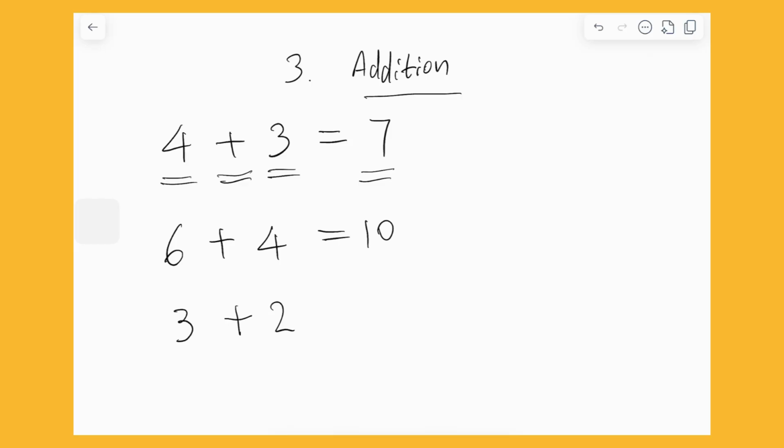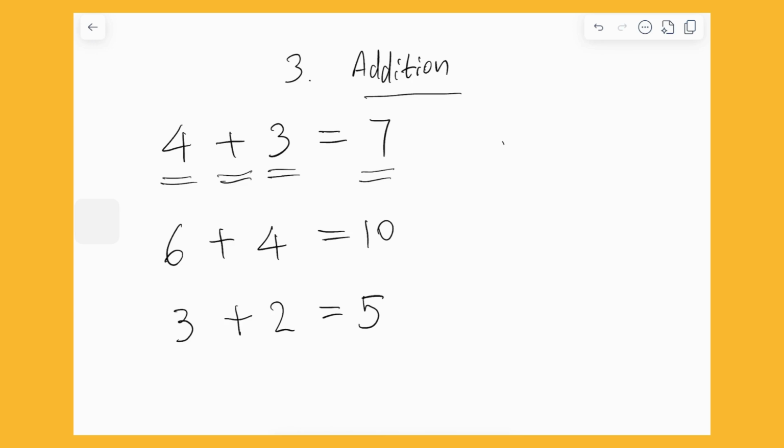There are 5 children altogether, so 3 plus 2 equals to 5. So this is addition, and try your own story and make the addition by yourself. You can make up as many addition stories as you can, and write it down for each of your stories. Okay.